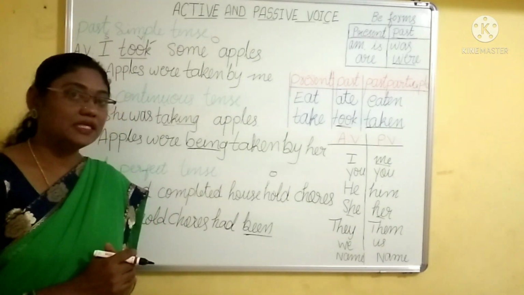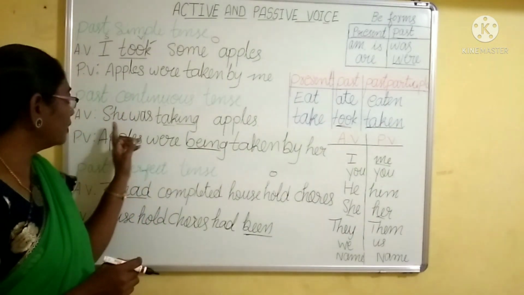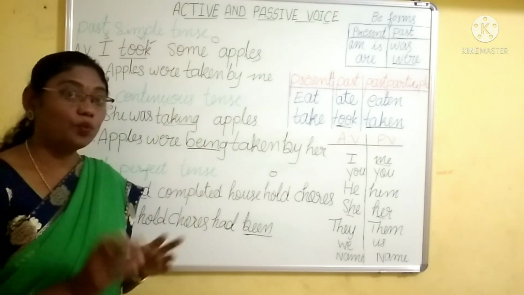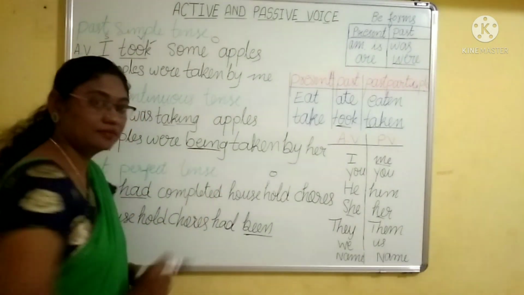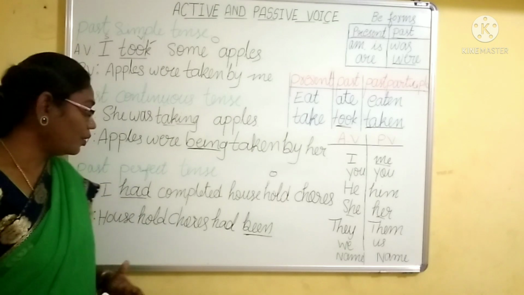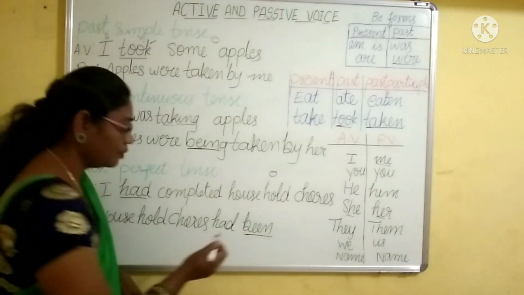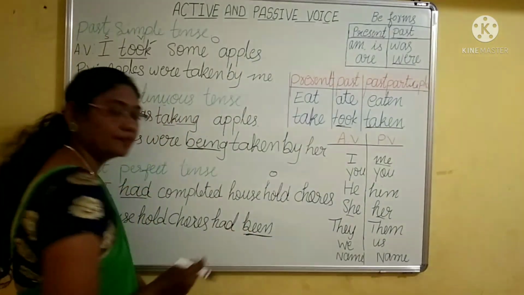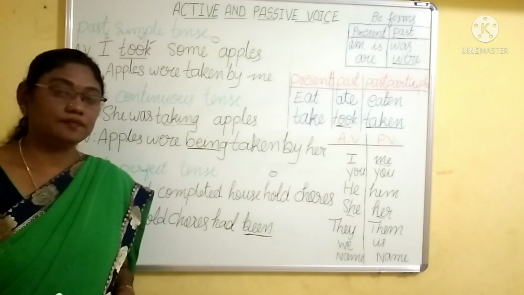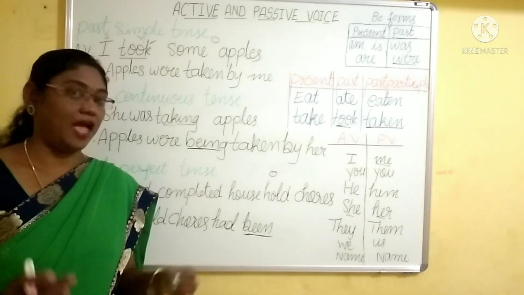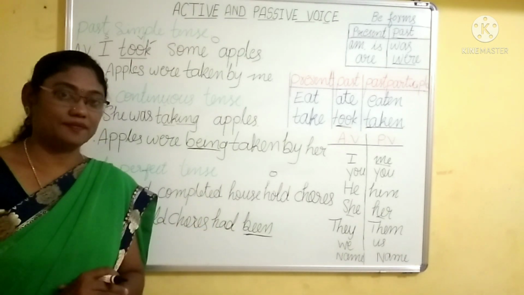When we were changing the past continuous tense, we added being there. But when we change this past perfect tense into passive voice, we have to add been. Has been, have been, and had been.